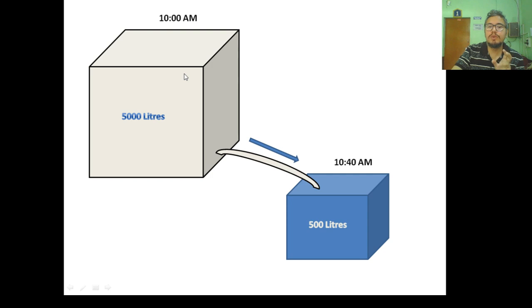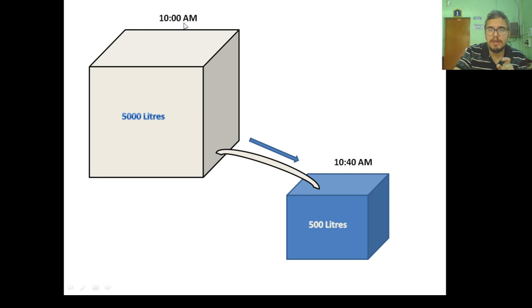When we are asked what is the capacity or the storage of this bigger tank at 10 a.m., what is the stock of water in the bigger tank at 10 a.m., then it becomes a stock concept, because we are mentioning a particular point of time.